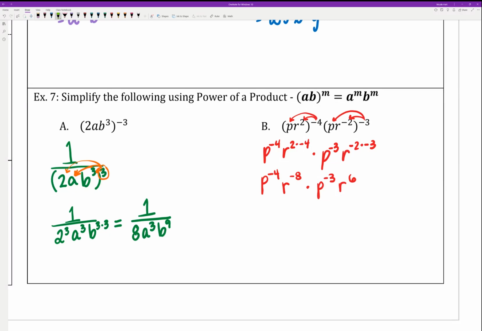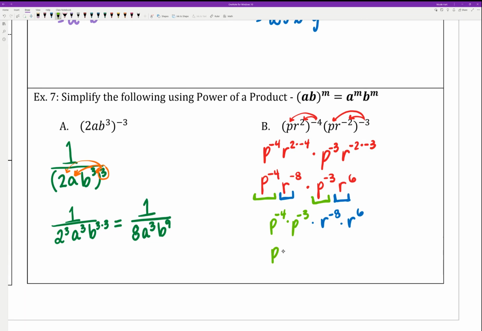So now I want to group the like bases together. So we have p to the -4 and p to the -3. And then we have r to the -8 and r to the power of 6. So we're going to actually use the product of powers rule, which tells us if we are multiplying two of the same base together, we are going to add together their exponents.